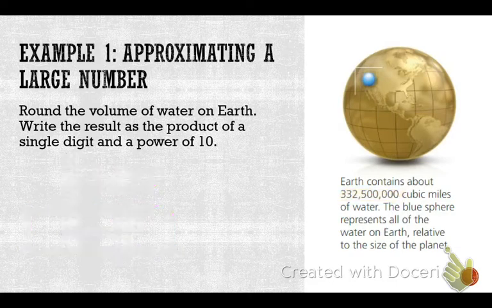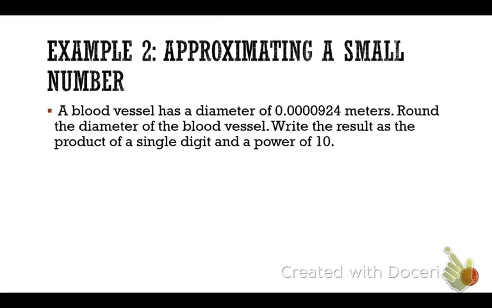All right, next example. A blood vessel. Think of the blood vessels in your body. They're microscopic. It has a diameter, the entire distance across a blood vessel, of 0.0000924 meters.